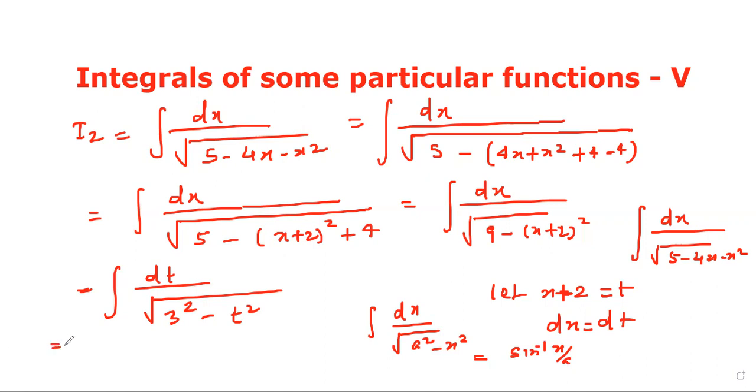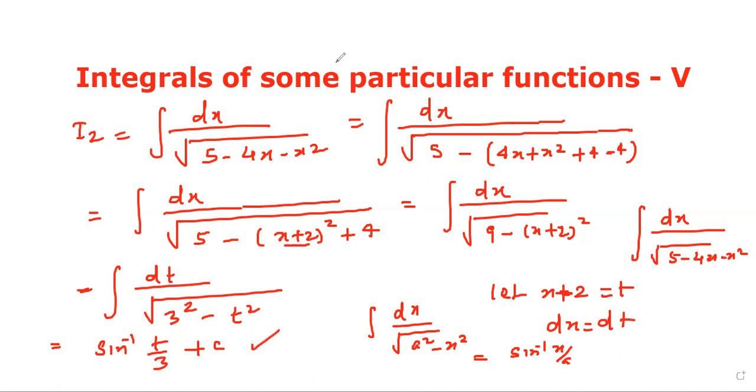So this will become sine inverse t upon 3 plus c, where t equal to x plus 2. And then we can write I equal to I1 plus I2. And that will be our answer.